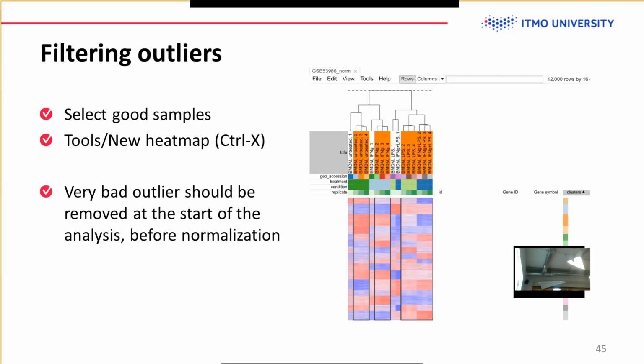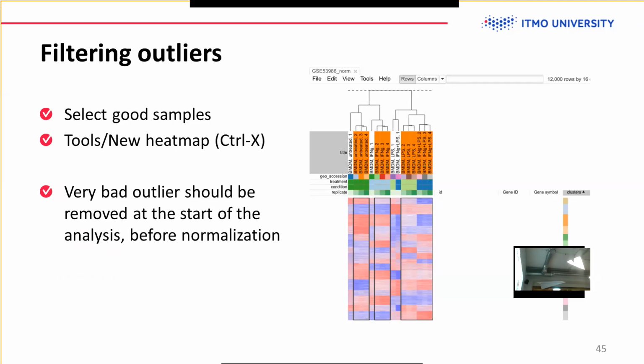In our case, you can see that they are outliers, however they're not that different. Remember from the PCA plot and from here, they have similar expression to other groups, which means that we could keep this as it is.